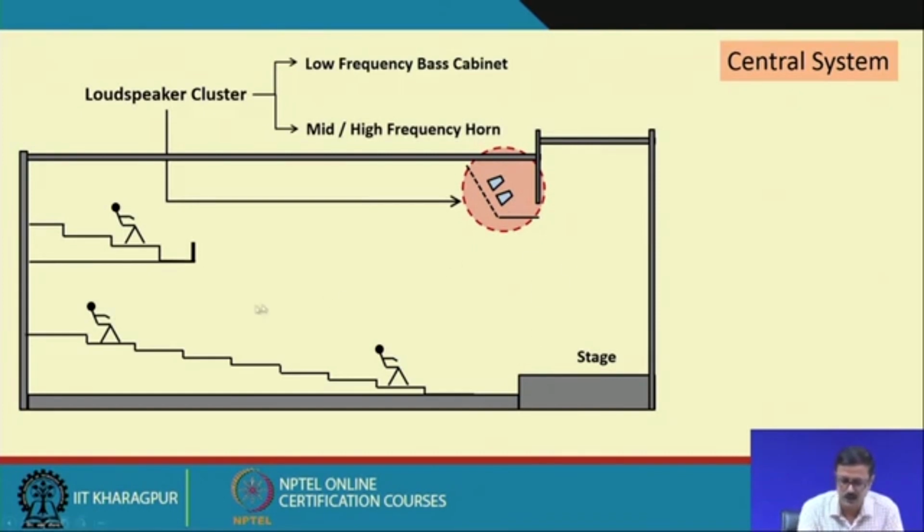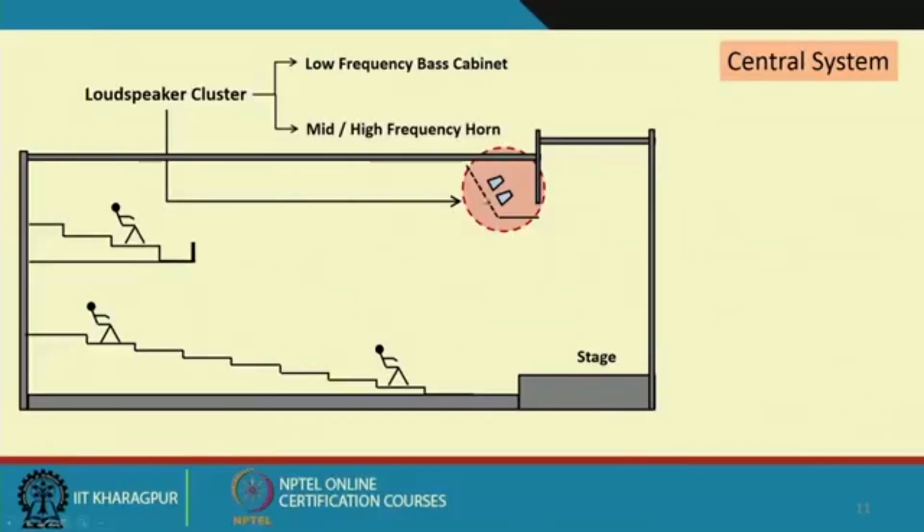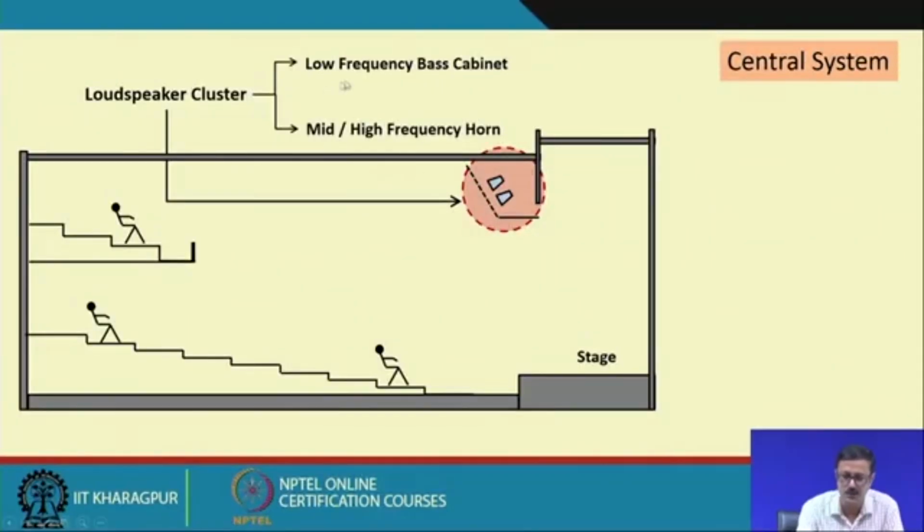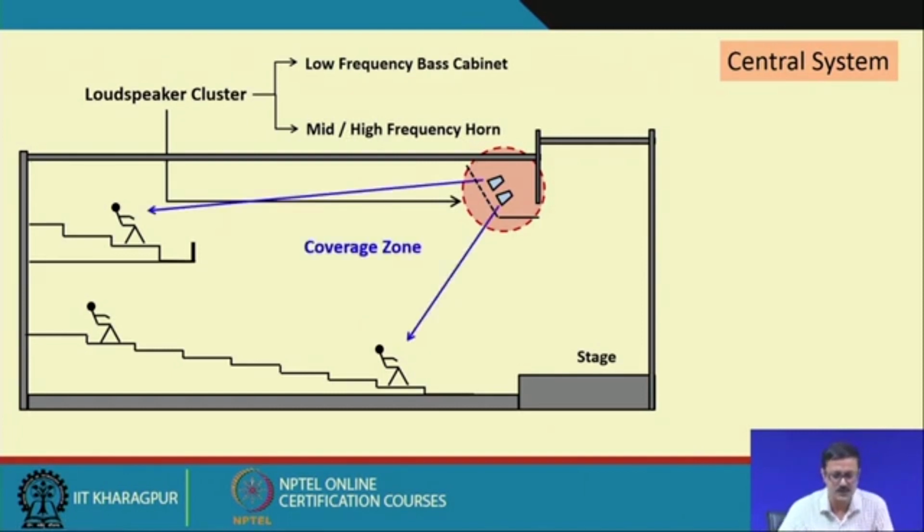So there is source directivity in the sense that the performer and the loudspeaker are at almost the same vertical level, and within that particular zone you can have a low frequency bass cabinet or maybe a high or mid frequency horn kind of loudspeaker. And from here we have to see what the coverage zone is. We will discuss in detail how to manage the coverage zone from the very first seated audience to the last seat and maybe also in the balcony.